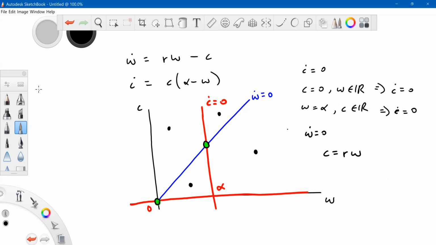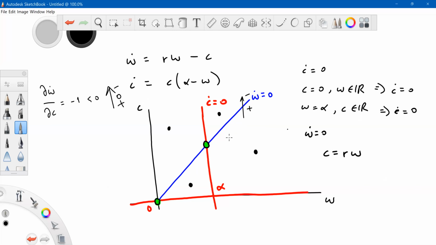Well, I'm going to look at derivatives, right? So let's look at the derivative of W dot with respect to C, which is equal to -1, always less than 0. So if C is increasing, W dot is decreasing. So in this direction it is positive, 0, negative.